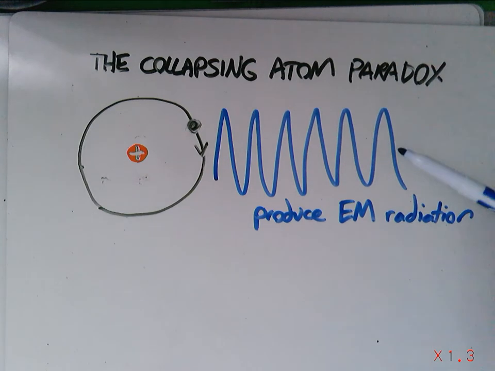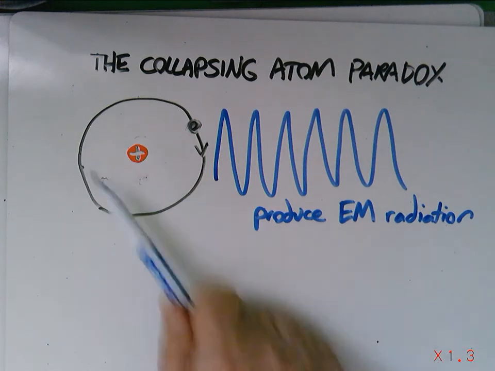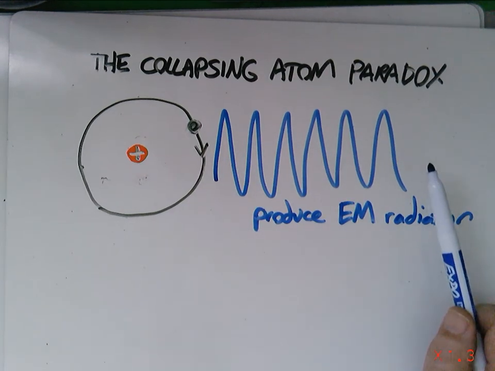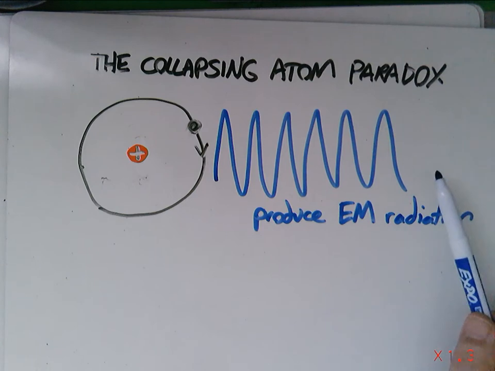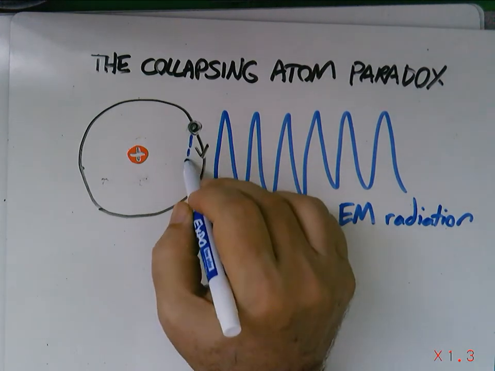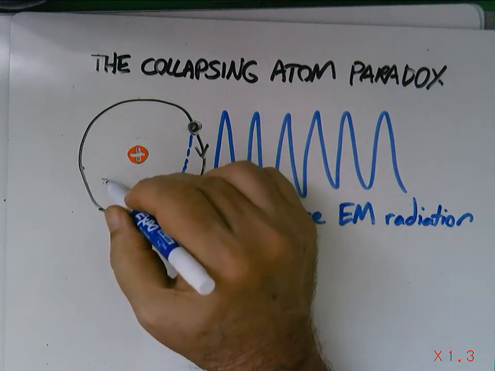And that means that, since we said that an electromagnetic wave transmits energy, as the electron moves around this orbit, it should be beaming out this wave, it should be beaming out its energy to the surroundings. And as it does, it's going to be losing energy. And as it loses energy, it's going to slow down because its kinetic energy is going to get less.